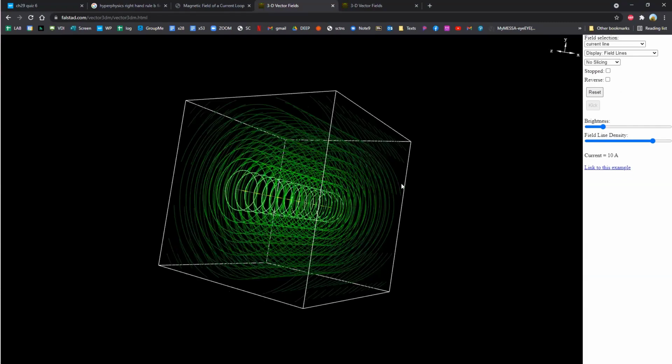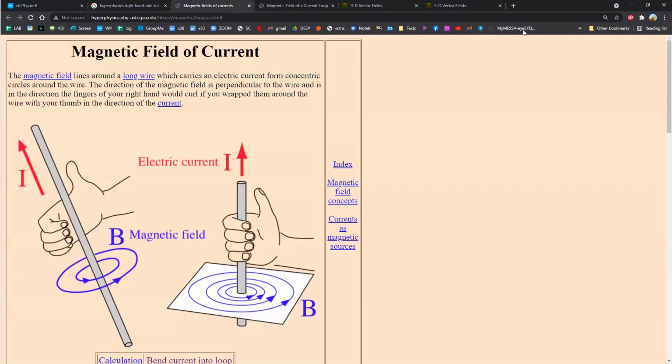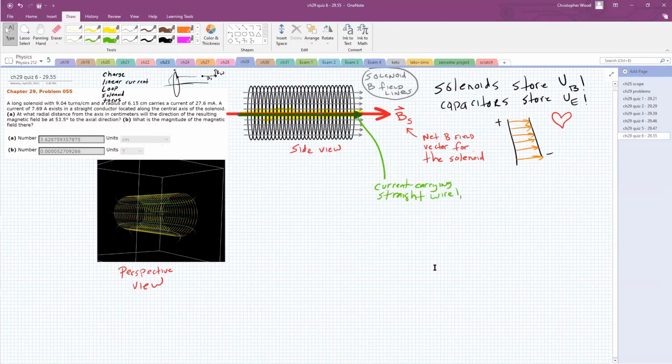This is what's going on. And you use this right-hand rule to figure out the direction of the magnetic field. We know it's concentric circles, and we use right-hand rule to figure out the direction. So anyway, those are the 2 magnetic fields that I have simultaneously existing in this space.